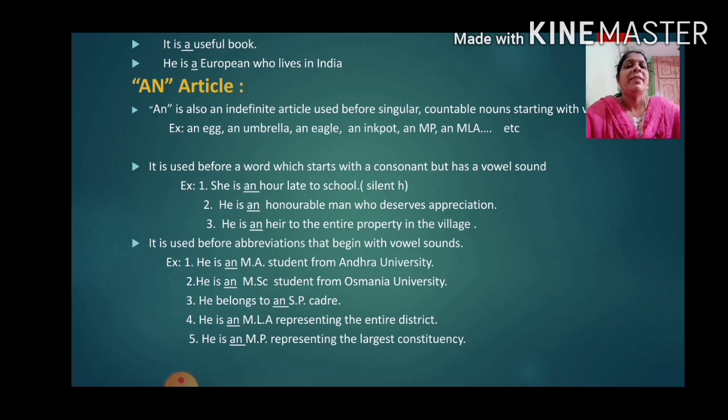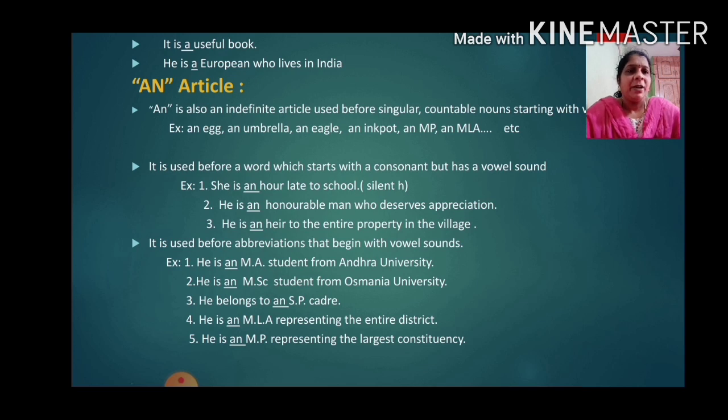Now, coming to the second indefinite article, an. An is also an indefinite article used before singular countable nouns starting with a vowel sound, like an egg, an umbrella, an eagle, an inkpot, an MP, an MLA, etc. In the first 4 examples, egg, umbrella, eagle, inkpot, all the words start with vowels.